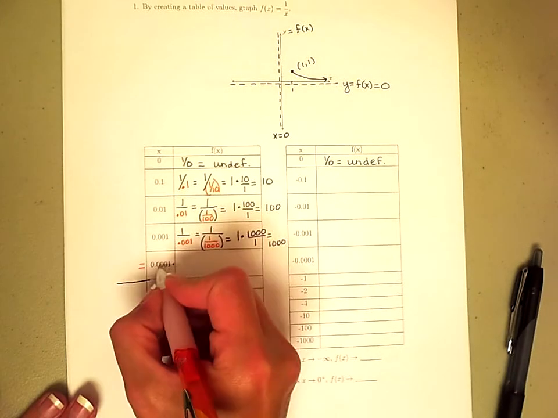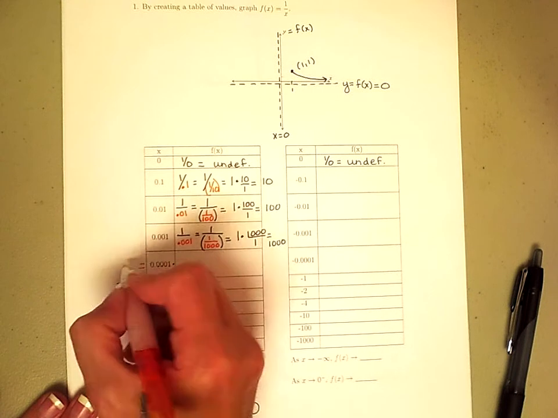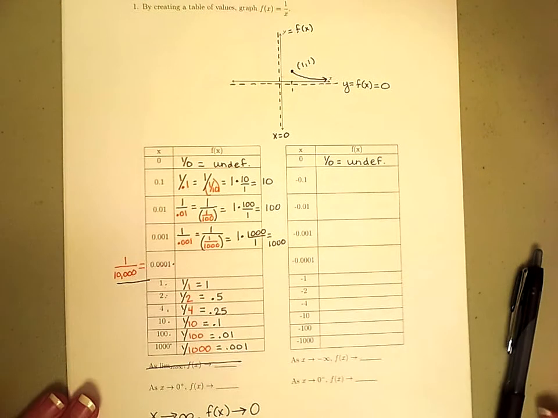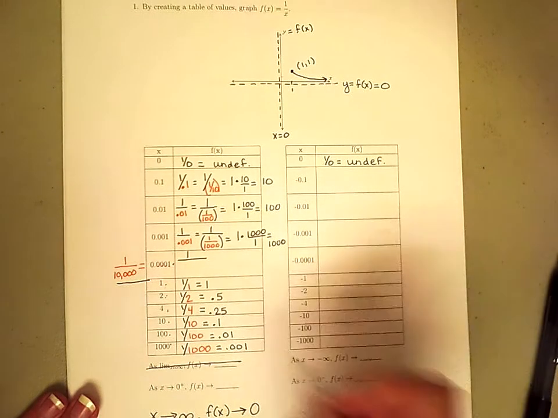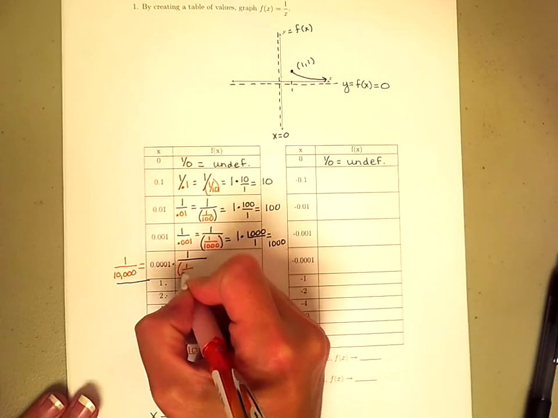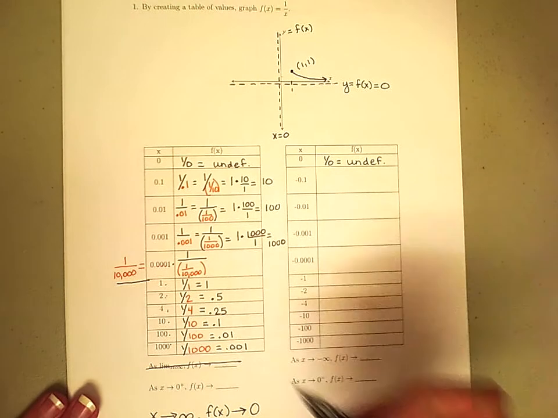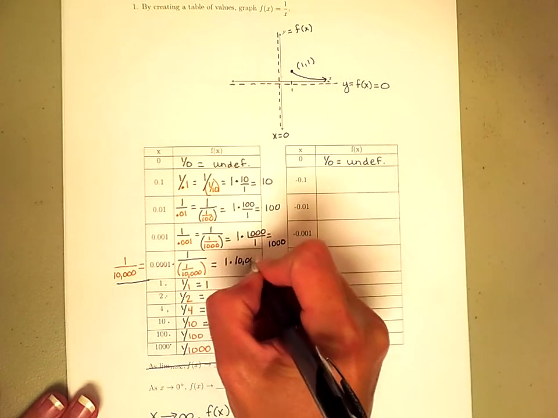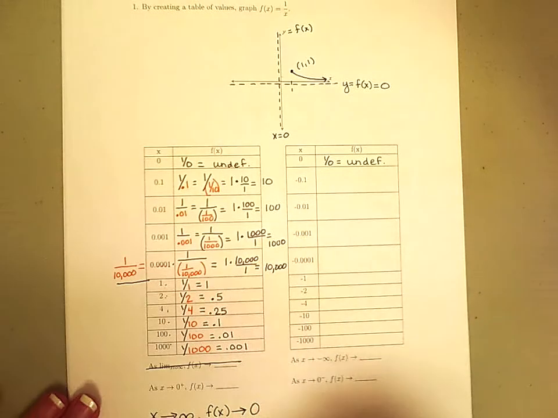To save room here, this is tens, hundredths, thousandths, 10,000ths. So this is 1 over 10,000. So I'll take 1 divided by that 1 over 10,000. And by inverting and multiplying, we see that the function value there is 10,000.